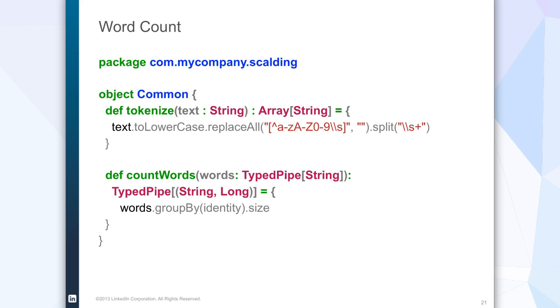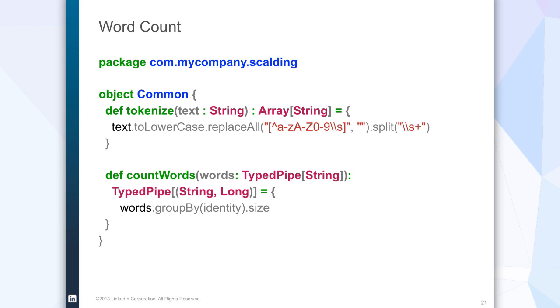OK, so in Scala we can declare an object, which basically means a singleton, or you can think of it as a kind of static class with methods that are not instance methods, but methods of the object. So we define the common object here.